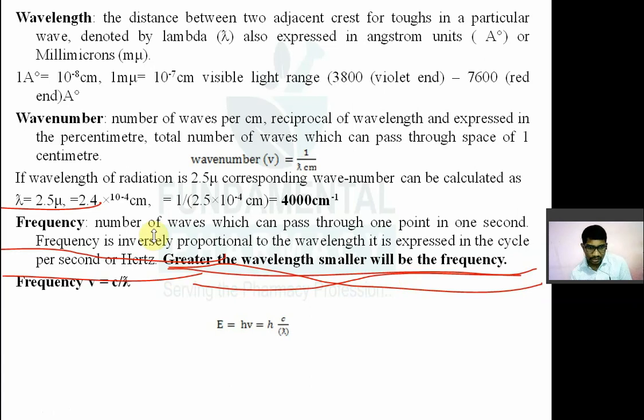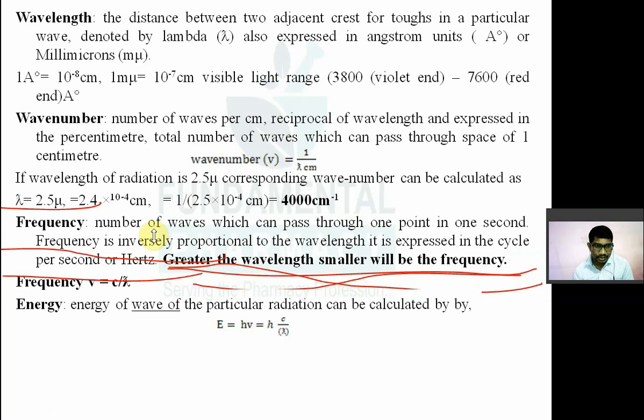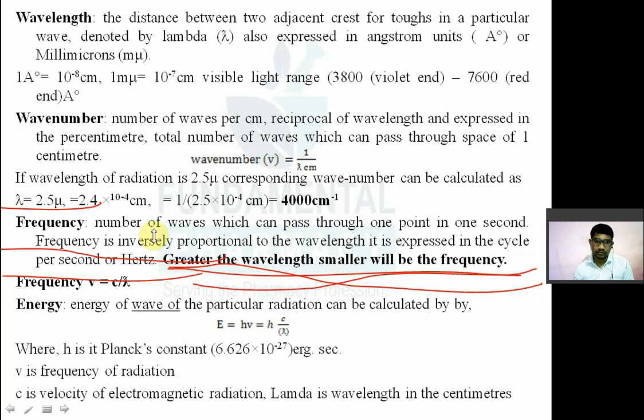We have seen the energy of a wave of a particular radiation is calculated by E is equal to hν, which is h into C divided by lambda. Here h is the Planck constant, ν is the frequency of radiation, C is the velocity of electromagnetic radiation, and lambda is the wavelength.